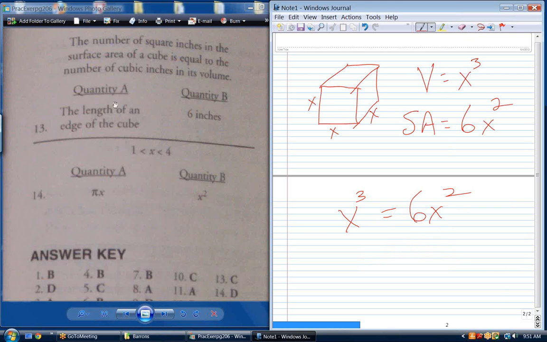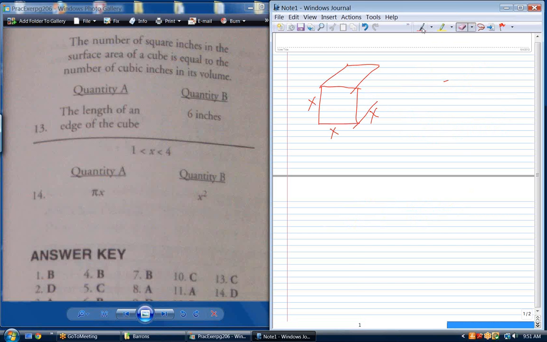In a problem like this regarding dimensions, it's okay to divide both sides by x squared, immediately producing this. In general, from a mathematical point of view, you can't do that if x can be 0. But since x can't be 0 here, that's not of concern.